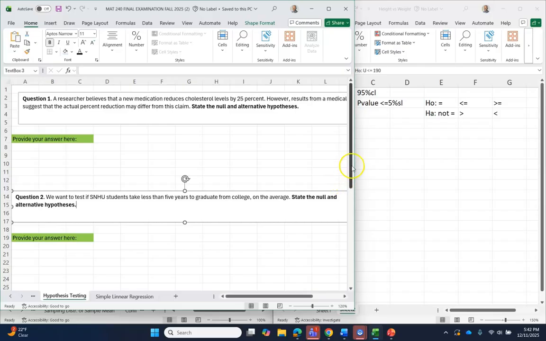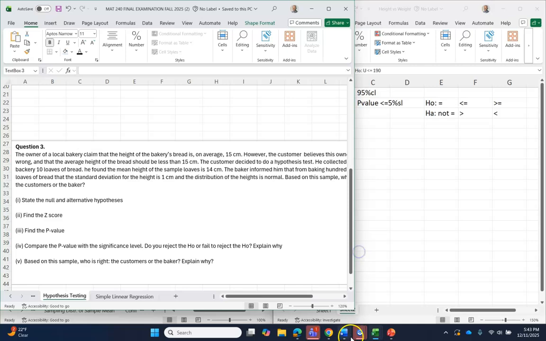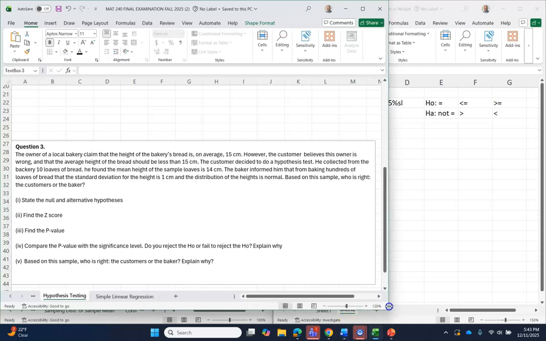So let's go to question number 3, which requires some calculations. It says the owner of this company claimed that the height of the bread is on average 15 centimeter. So that is the existing knowledge. That's the claim of the owner of the company.